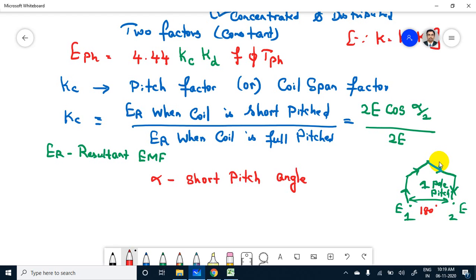Angle alpha. Okay, so therefore we can write this Kc equation. So basic Kc, what is the equation? 2e cos alpha by 2 divided by 2e. Now what are the terms that will be cancelled? Anyone tell me? E and E will be cancelled.